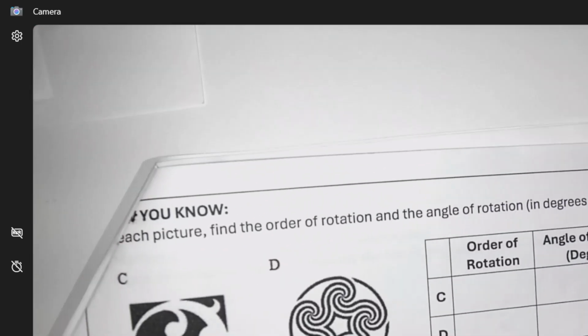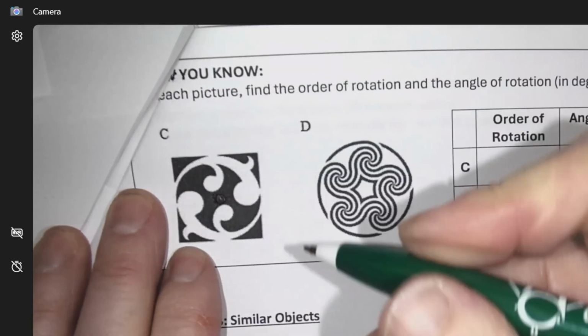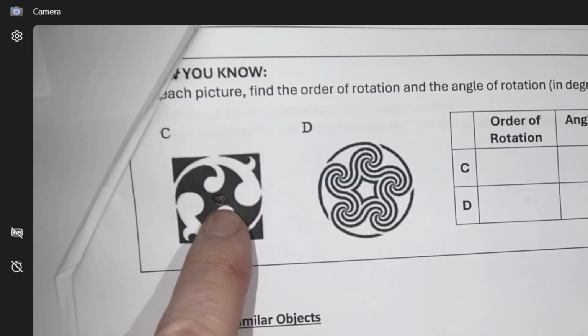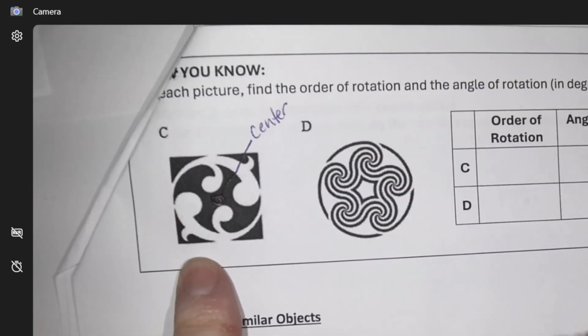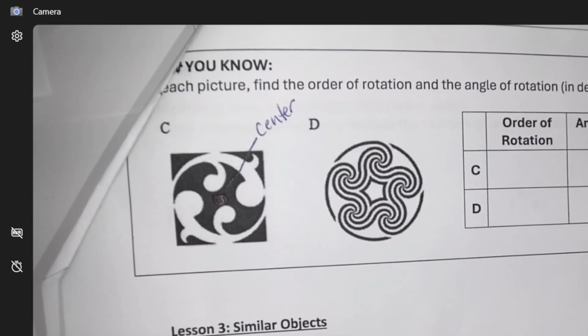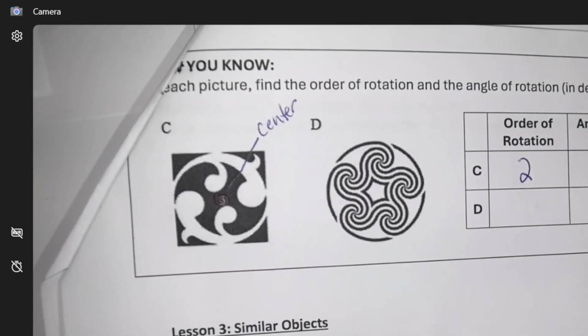Okay, so these two questions. Sorry, you probably won't be able to see this if I draw on top of the black. There's my center. How many orders would this shape have? 2.